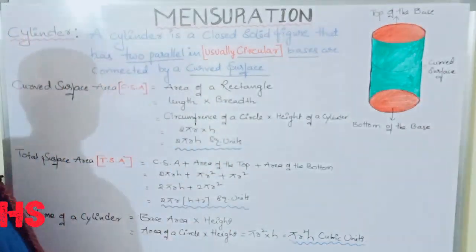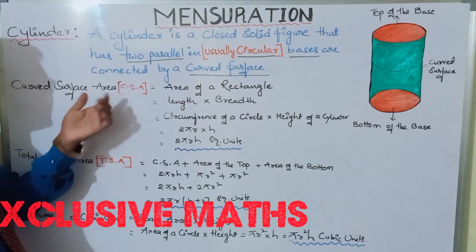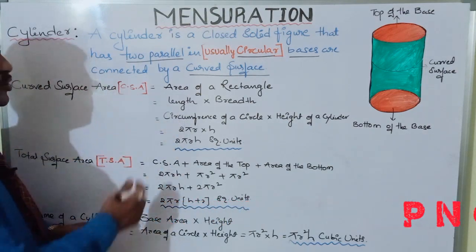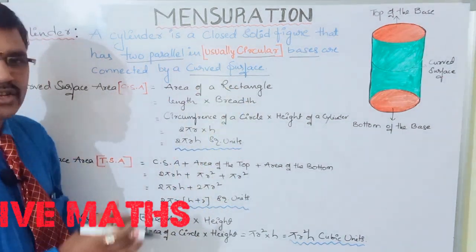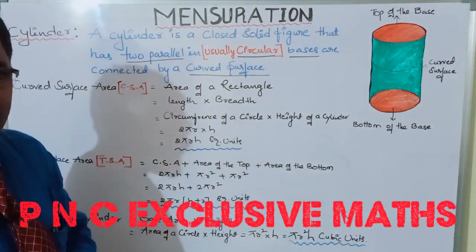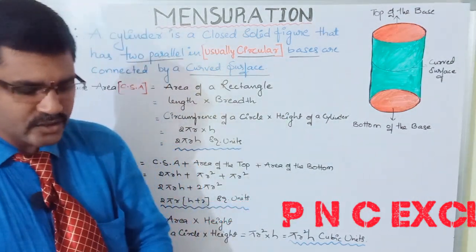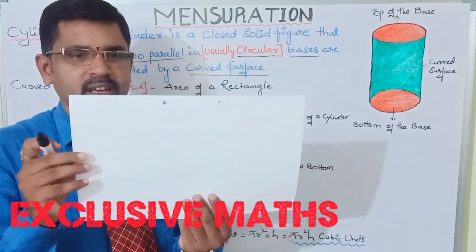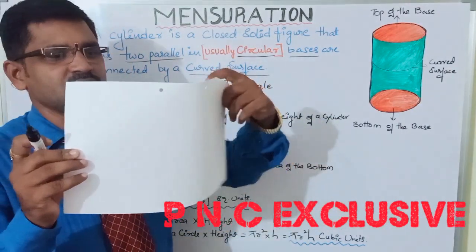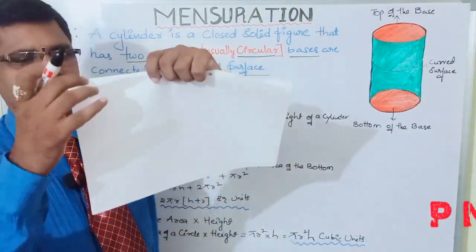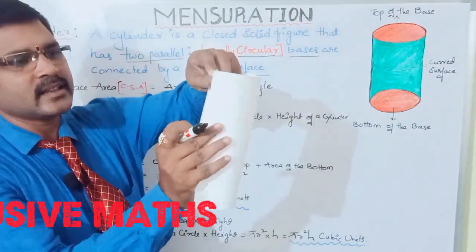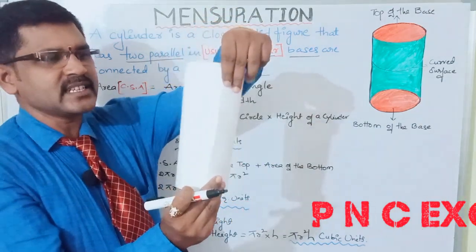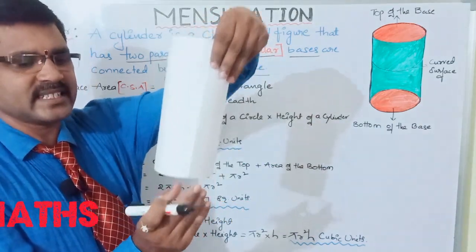Now shall I move on to the curved surface area of a cylinder. CSA of a cylinder is equal to the area of a rectangle. Why is it the area of a rectangle? Let me explain. I am taking a rectangular sheet and folding it so that these two ends are connected, to form a cylinder.